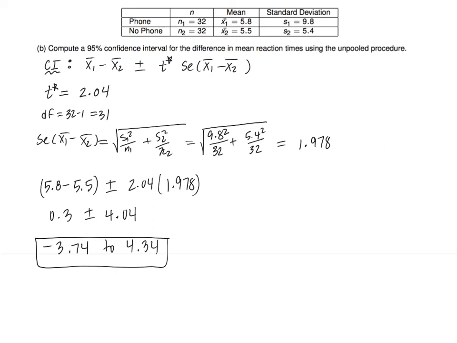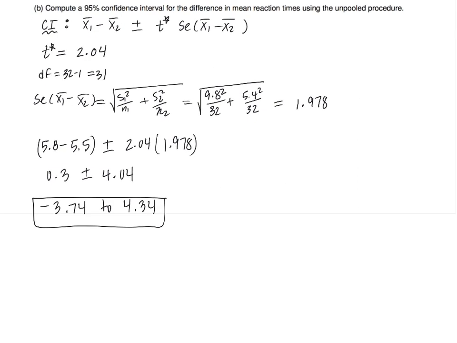Okay, so let's just write a sentence interpreting that, because even though I didn't ask for that here, I probably will ask for it there. So the mean reaction time for the phone group was between, okay, so what does that negative number mean? That negative number means x1 is lower than x2, which means the reaction time was better for the phone group.